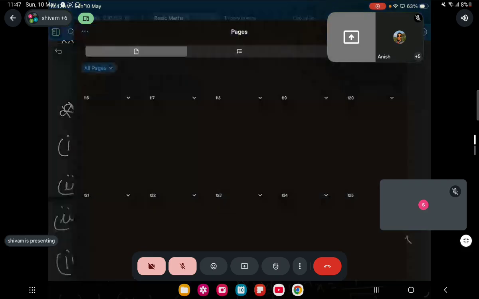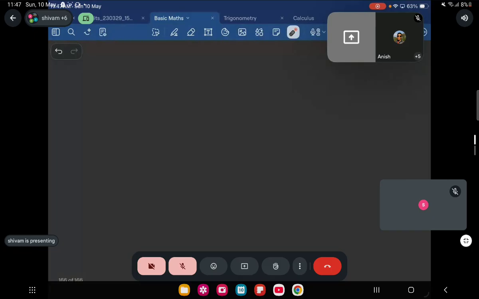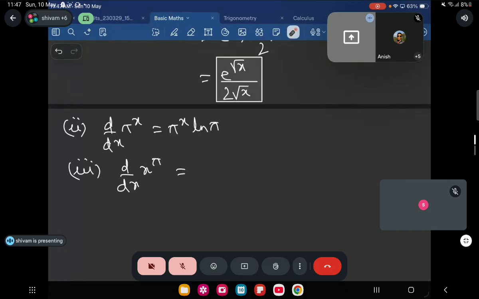Next, d by dx of x to the power pi will be equal to pi x to the power pi minus 1.